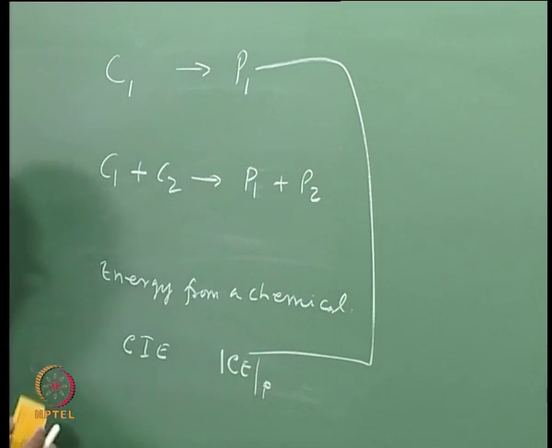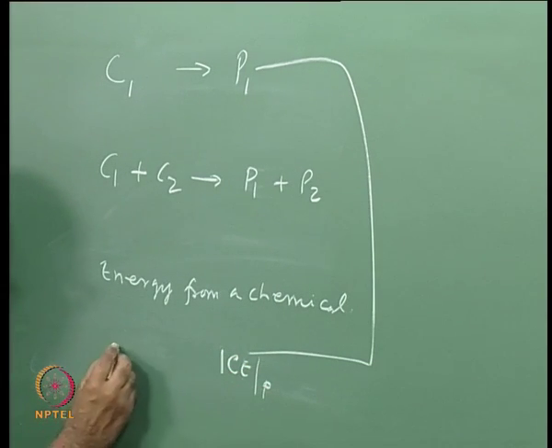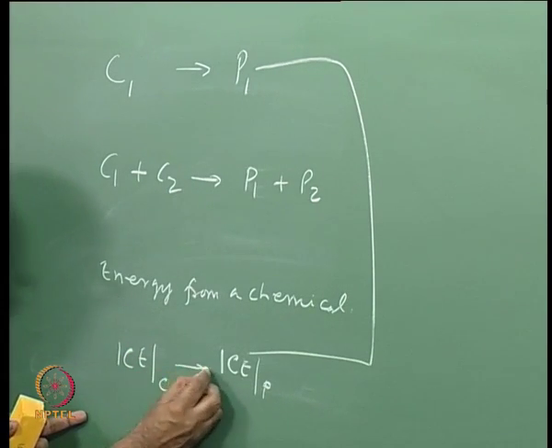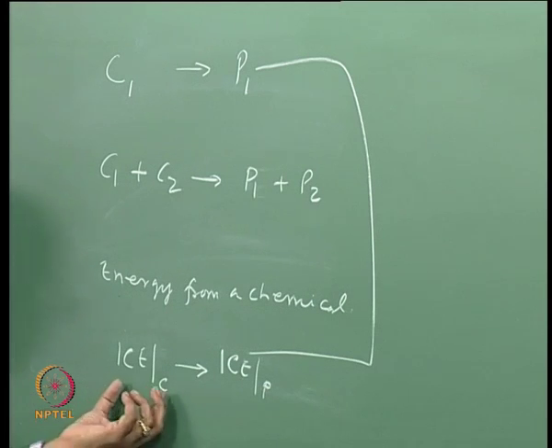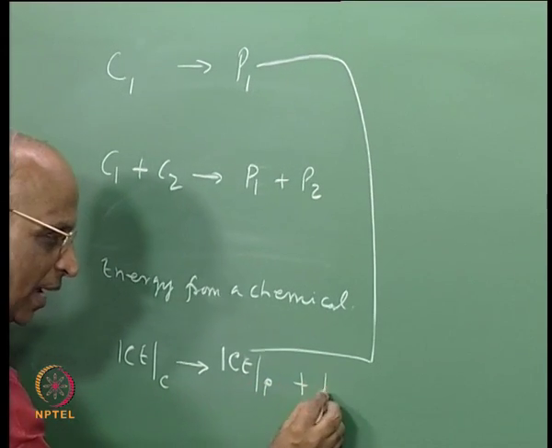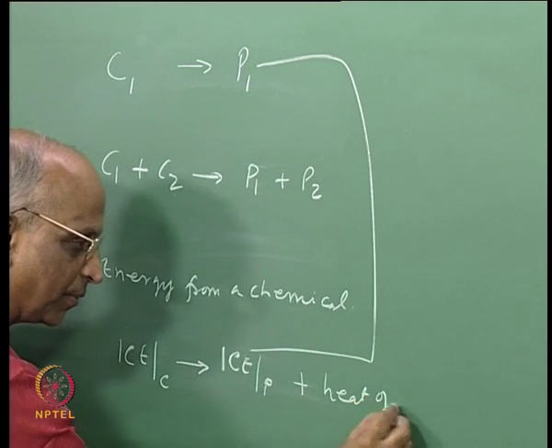The chemical gets converted to products. If you have more energy in the chemical compared to the products which have less energy, the deficit of energy is what we have as the heat of a reaction.